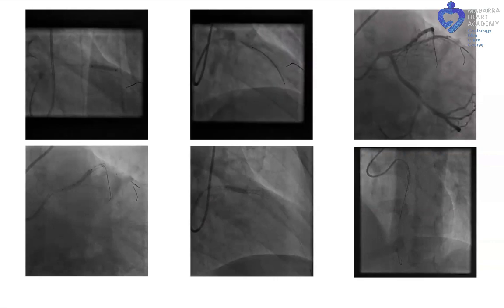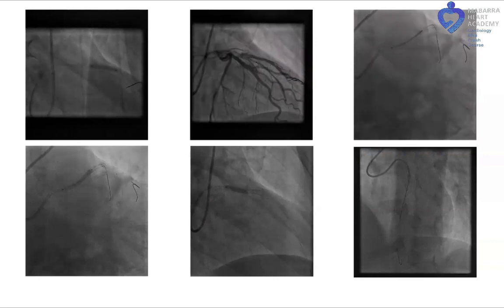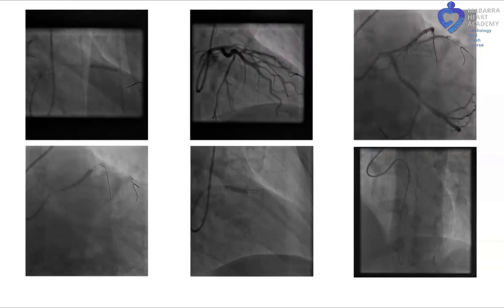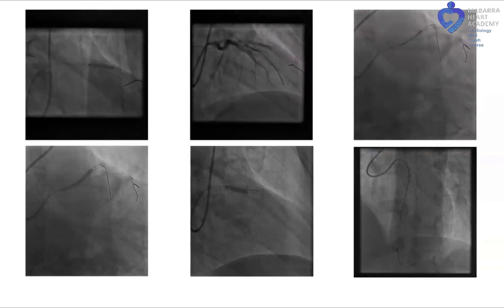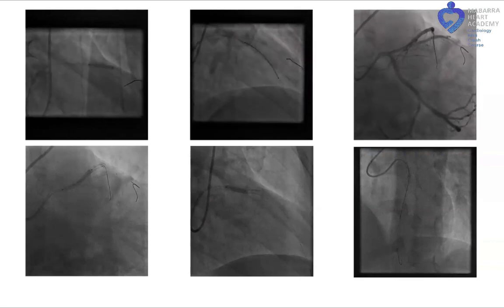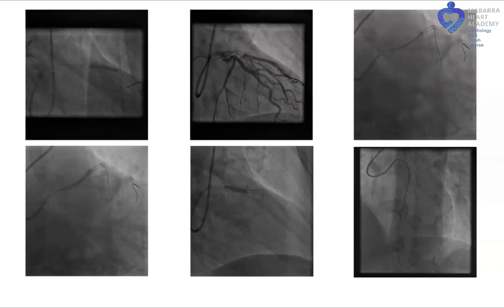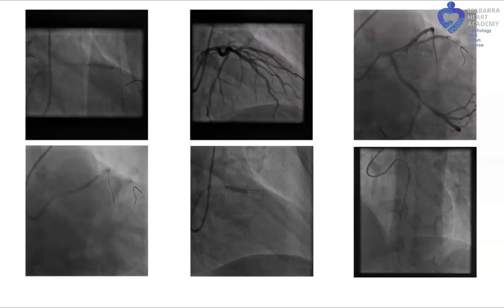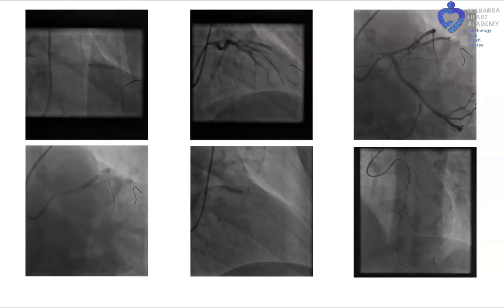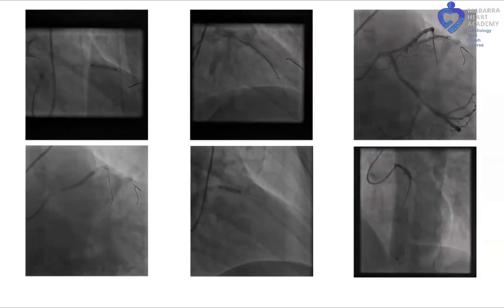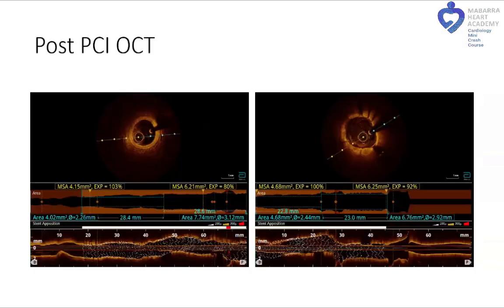And then I decided to place a stent in the LAD. So I knew from the OCT that I'd need two stents. So I delivered two overlapping stents to the LAD, post-dilated, and then did a post-OCT run.